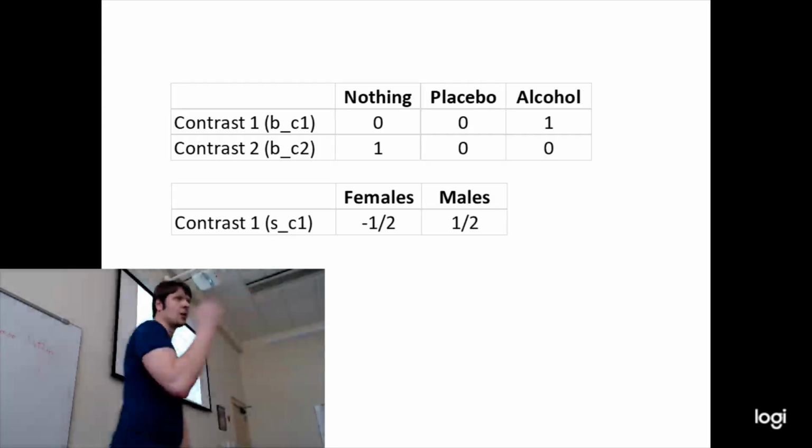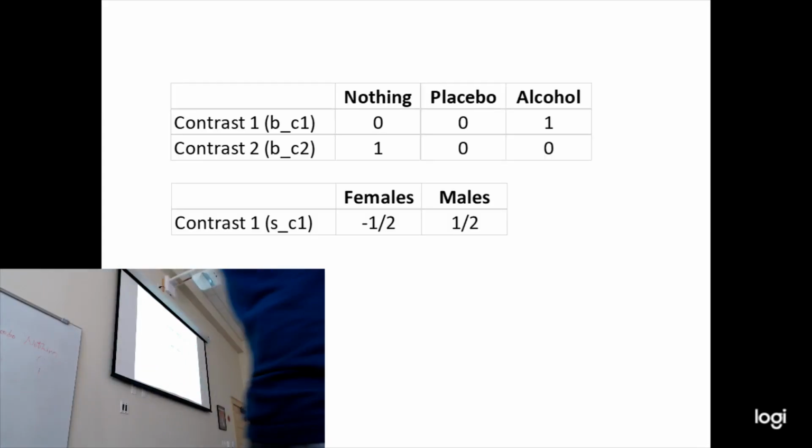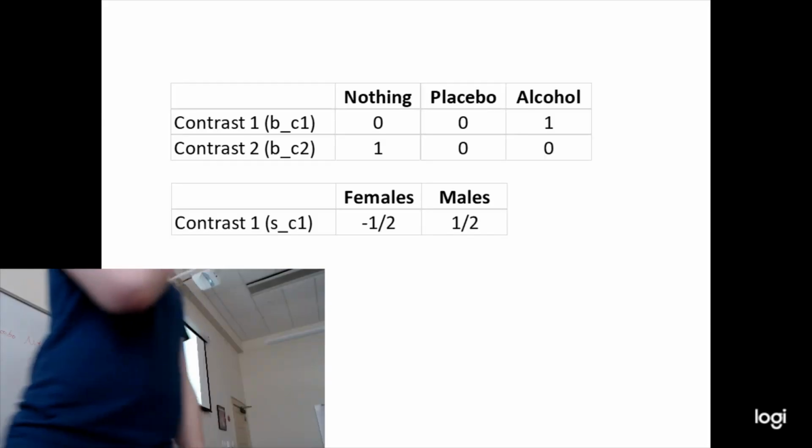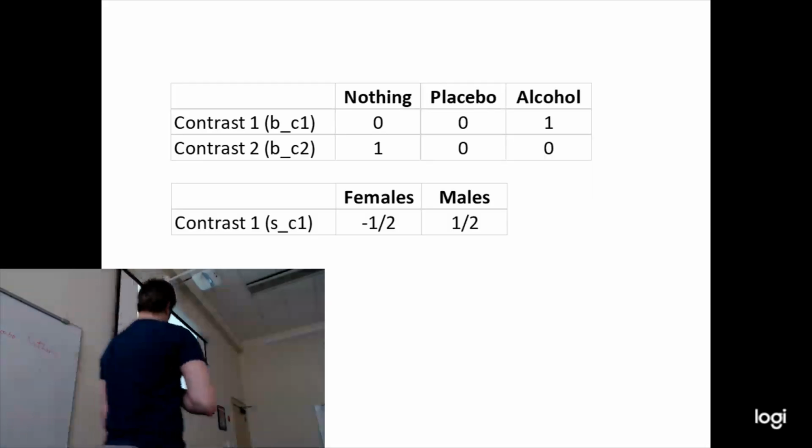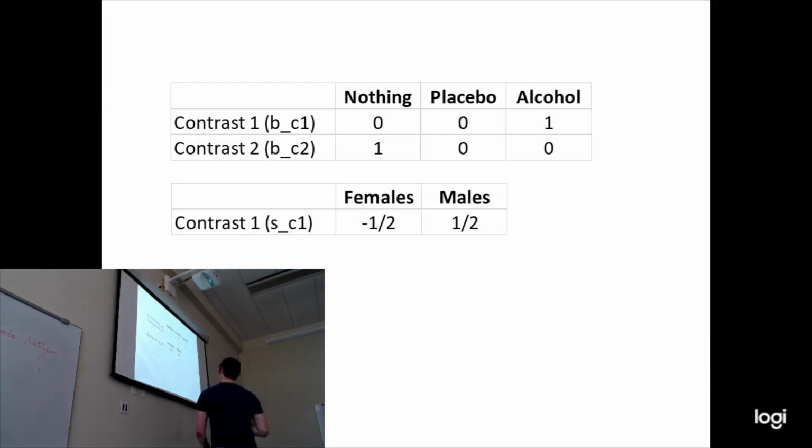So yeah, is there a question? What do you have going on with the B and the S? Yeah, so to differentiate, we have multiple C1s now. I've called contrast 1 for the beverage condition, B_C1, the new beverage. And we have one contrast for sex. That's what the S is.